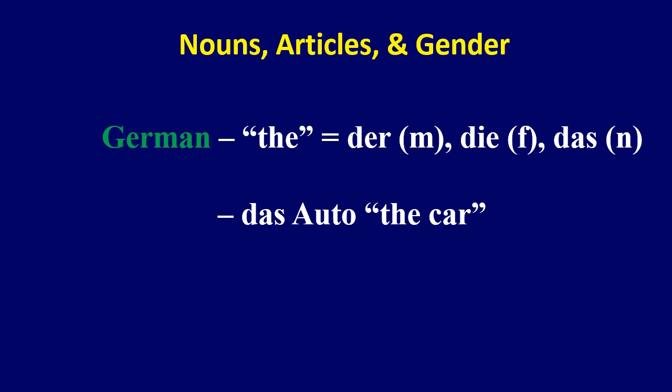And here's another common example from another language that we all know, the word for car in German, Auto. Das Auto would be the car, and German has three articles, masculine, feminine, and neuter forms: der, die, das. And in German, just like with Spanish, the gender and the number, whether singular or plural, of the noun must match with the article that precedes it.